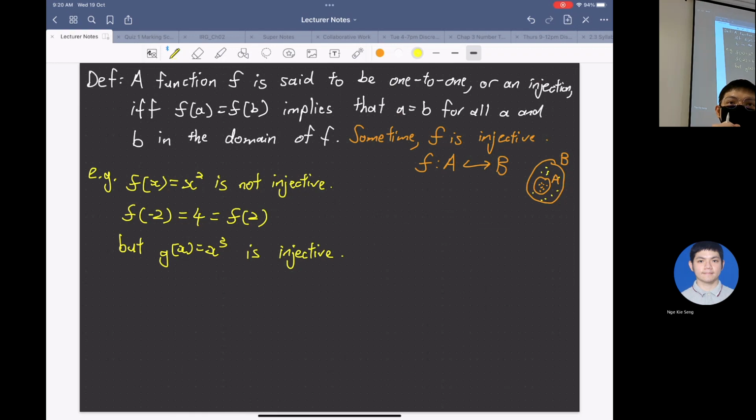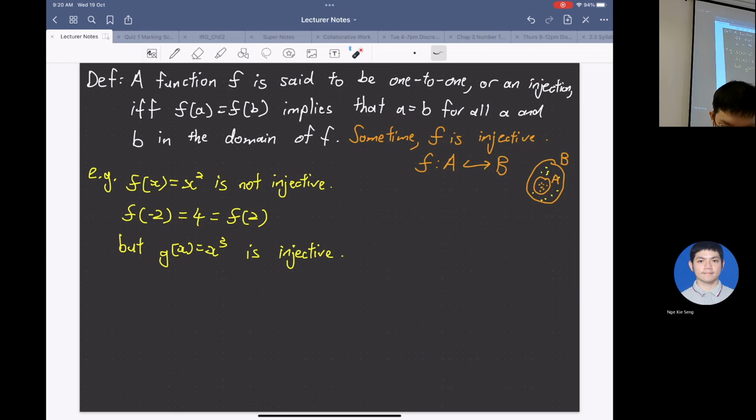To show injective, you need to show for all. Not injective, you just need to pick one, right? Because by De Morgan's law, negate for all and you get existential. But for injective you need to show for all, right?